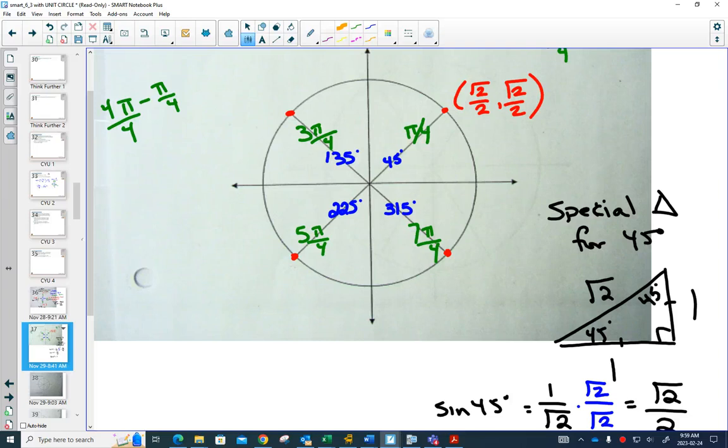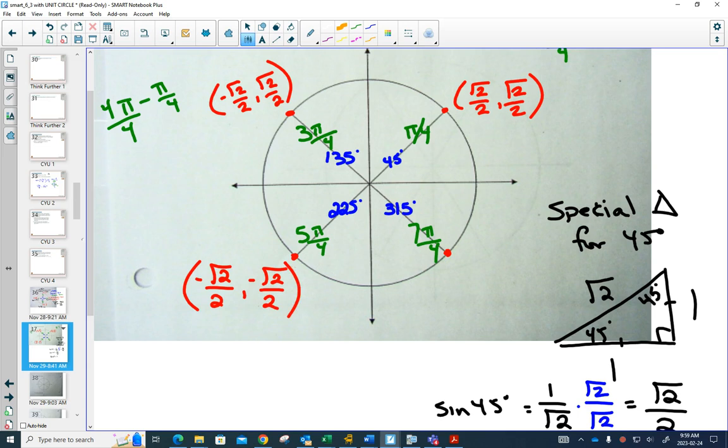And once you know one coordinate, when you go across to this other coordinate, now my x-coordinate will be negative and my y-coordinate will be positive, but the values will be exactly the same. In quadrant 3, they would both be negative, and in quadrant 4, just your y-coordinate would be negative.